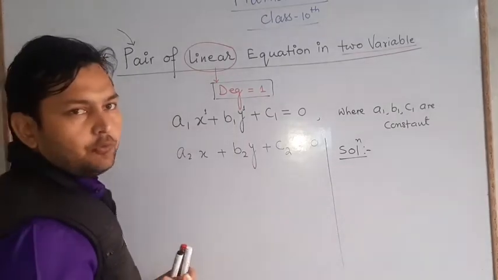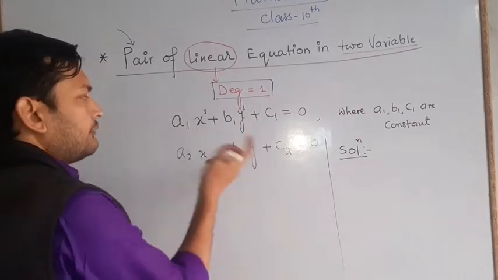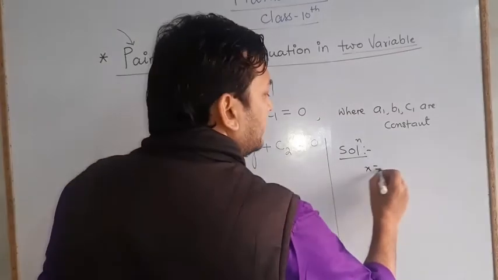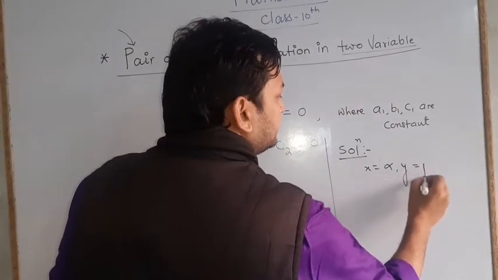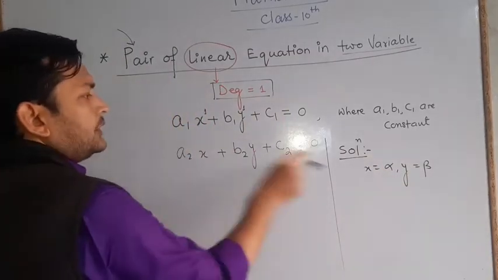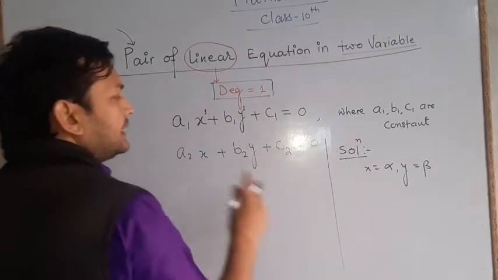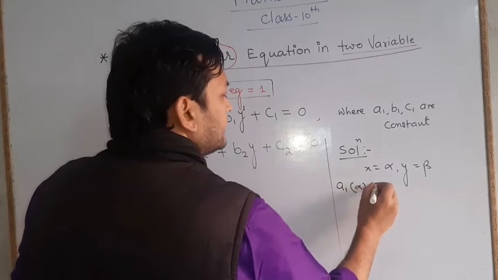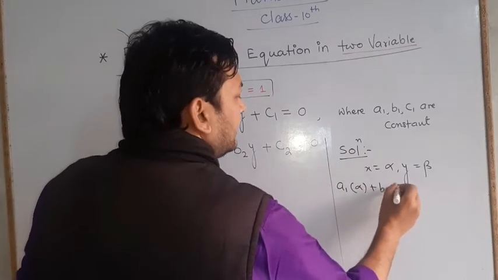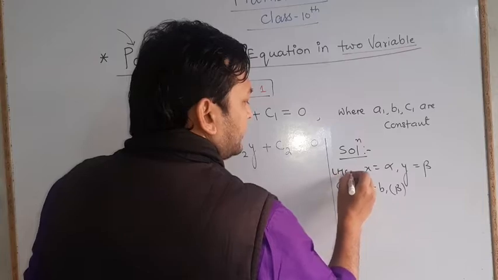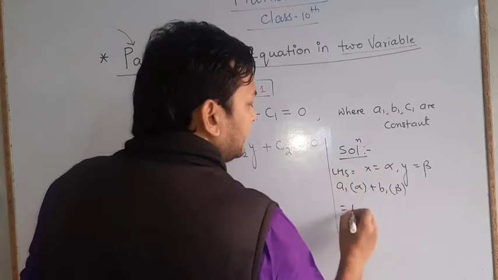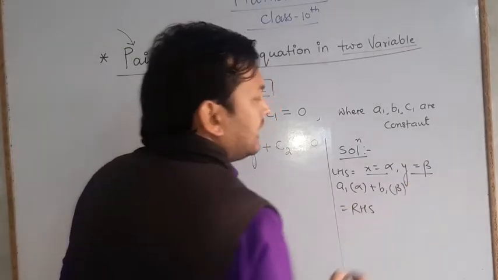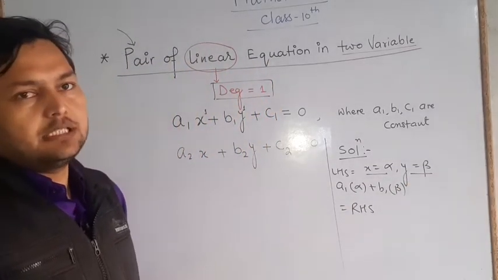Here we require two values, one for x and one for y. Suppose x is equal to alpha and y is equal to beta, and we put these in a1 alpha plus b1 beta, which is LHS, and after solving we get RHS. So alpha and beta are called the solution of this linear equation.